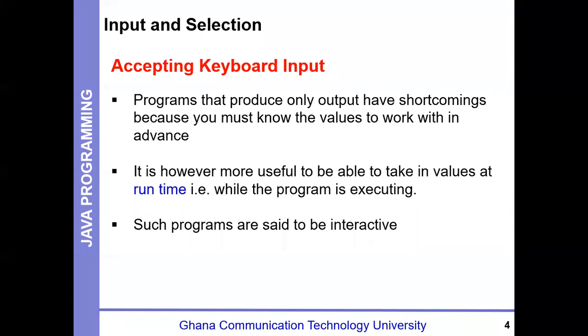Now, when we say input, as far as computers are concerned, there are so many ways of inputting data or information into computers. The keyboard is one, the mouse is another. You have microphones that you can use to capture voice. There are cameras to capture videos. And these days, even with virtual reality and other things, you can do hand gestures or movements, and all those can be sources of input.